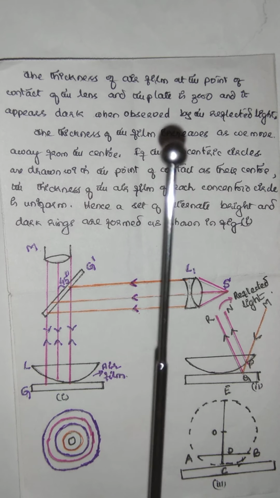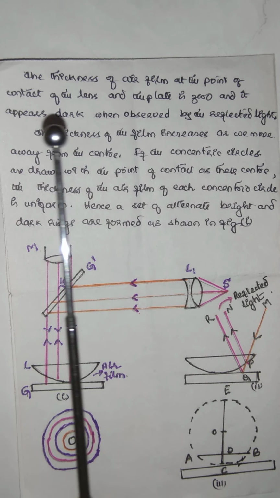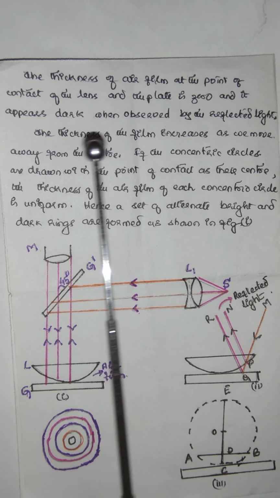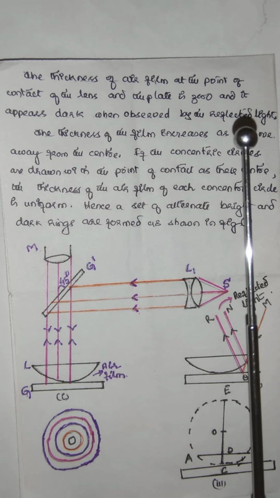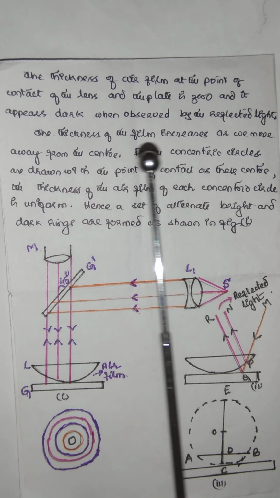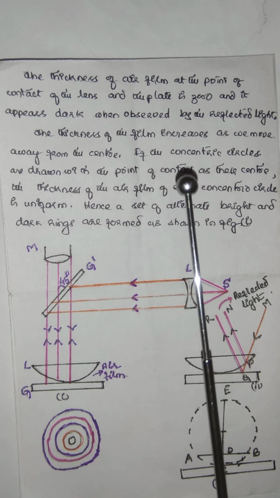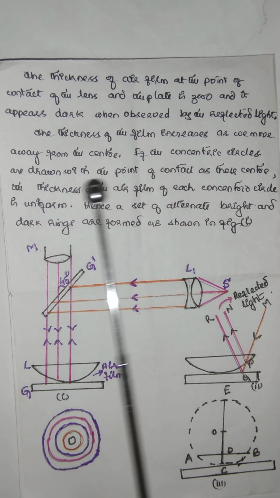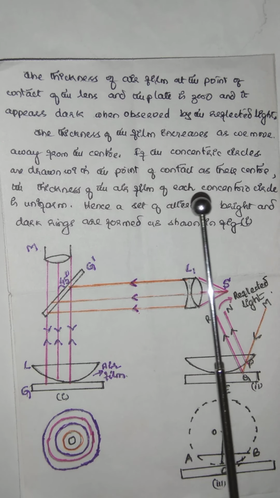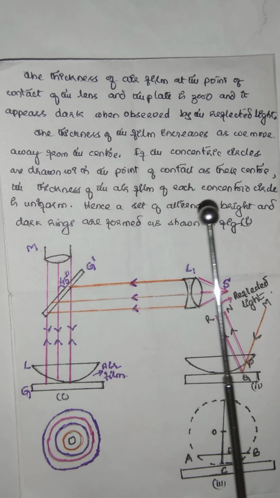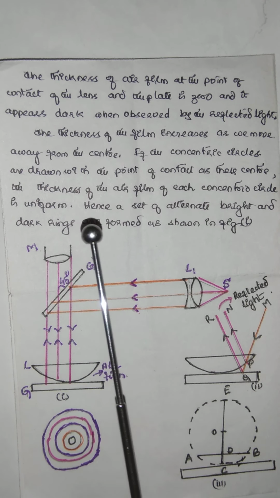The thickness of the air film at the point of contact of the lens and the plate is 0, and it appears dark when observed by reflected light. The thickness of the film increases as we move away from the center. If concentric circles are drawn with the point of contact as the center, then the thickness of the air film on each concentric circle is uniform.